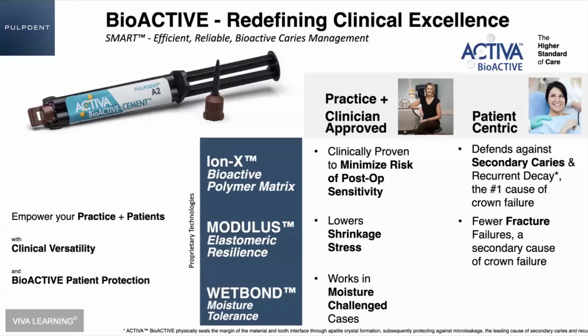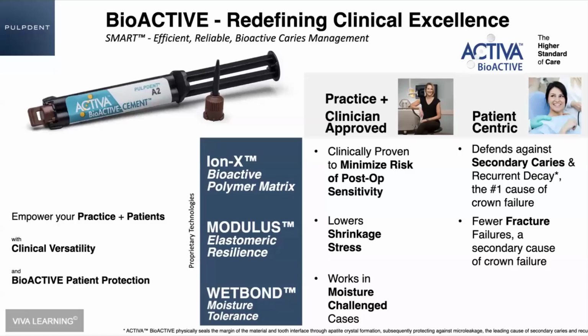The nice part about it is that they're looking at this polymer matrix, which has this bioactive capability that is clinically proven to minimize the risk of any kind of post-operative sensitivity, and it can defend against secondary caries. The modulus of elastomeric resilience lowers the shrinkage stress, which is one of the biggest challenges that we've got.